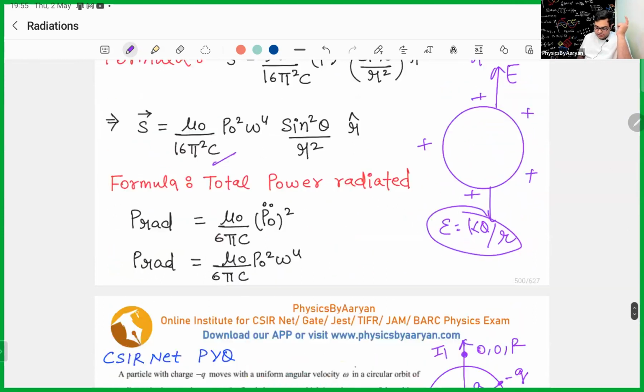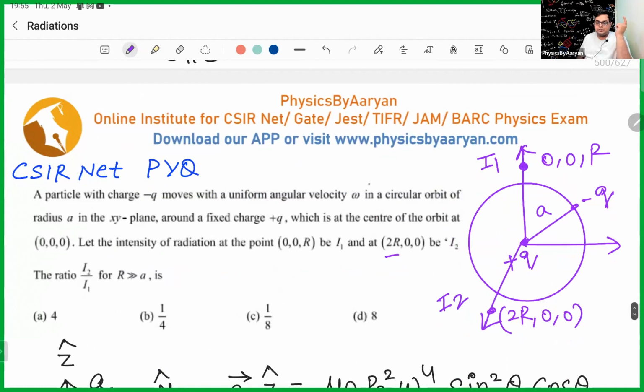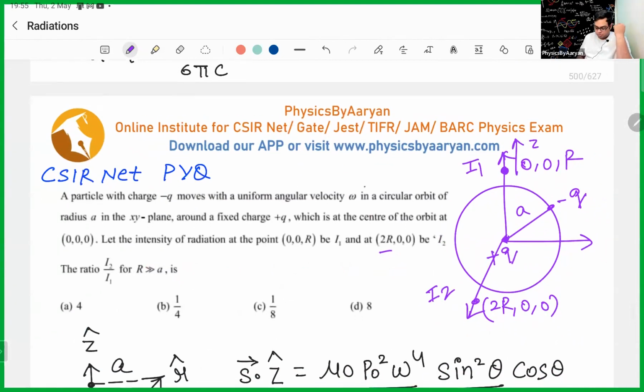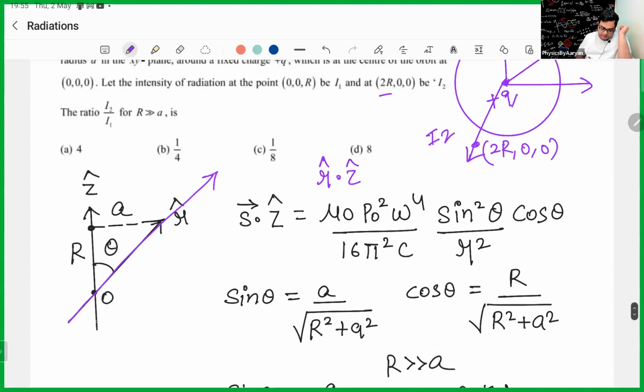Vector. In the first case, I want to find my intensity at this point, and this is the z-axis. So what I will do is r cap dot j cap. What is r cap dot j cap? This is your r vector in the spherical coordinate system. This is your z vector.